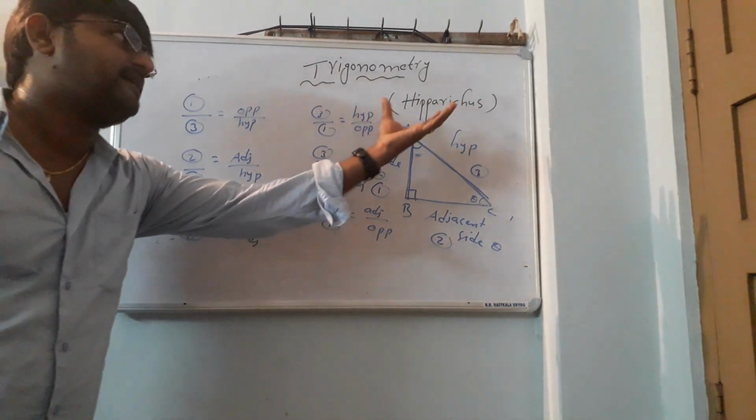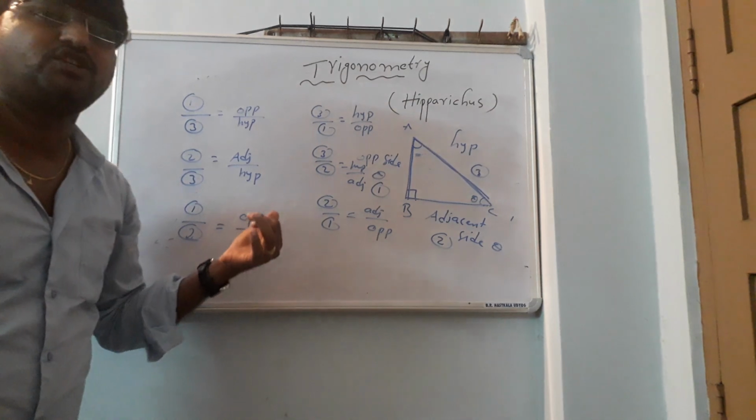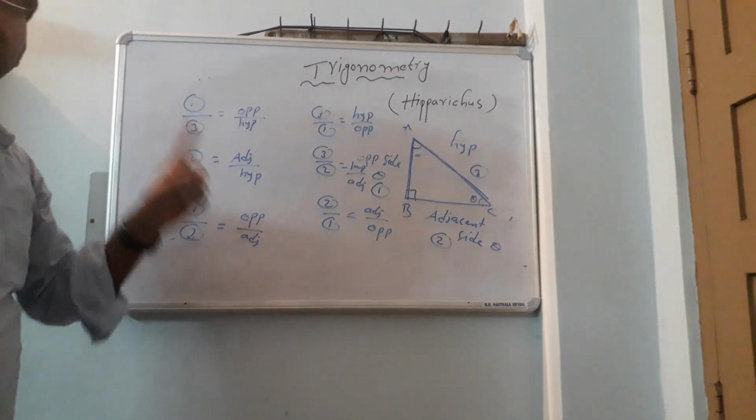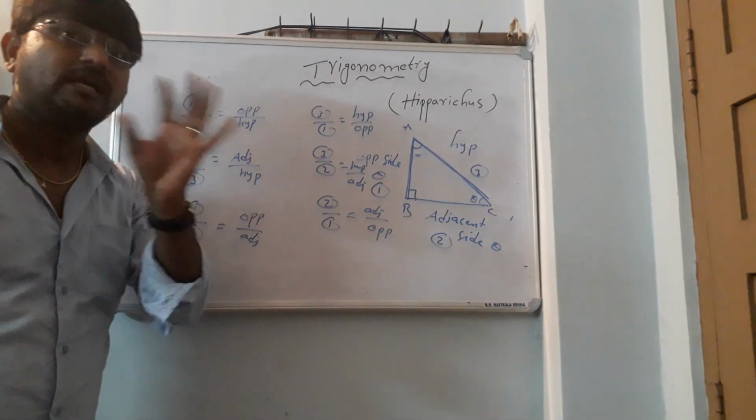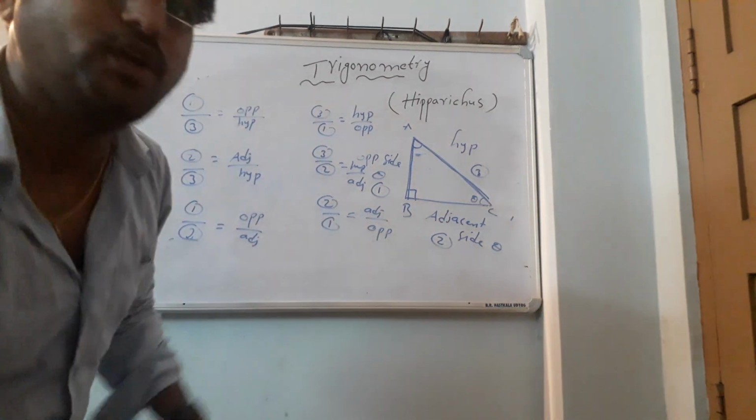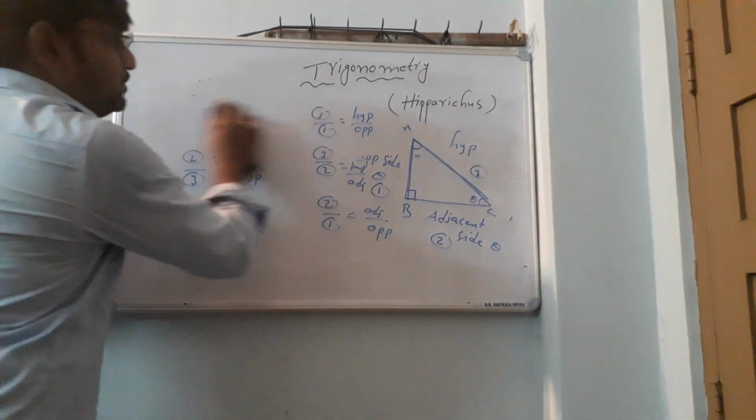Hipparchus introduced the trigonometric ratios. One ratio has one name, another ratio has another name. In total he kept 6 ratios and 6 names.